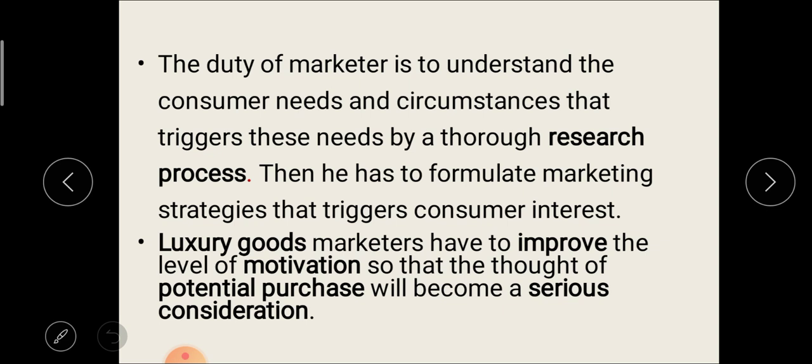Okay, the luxury goods marketers have to improve the level of motivation so that the thought of potential purchase will become a serious consideration. Okay, so this is the first step in the decision making model, that is problem recognition.